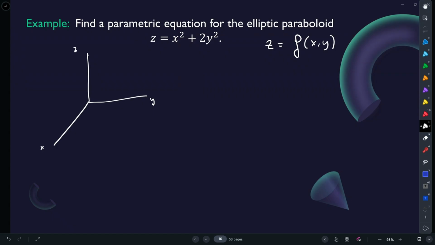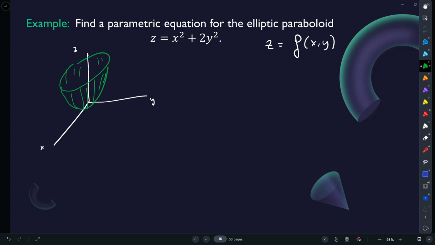When z is 0, if we fix one, it's longer in x than in y. So it looks like this. Something like that is our paraboloid, and that is the graph of the function, so it is hollow, and I want to parametrize that paraboloid.